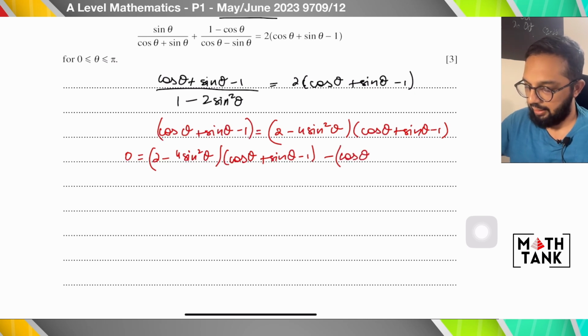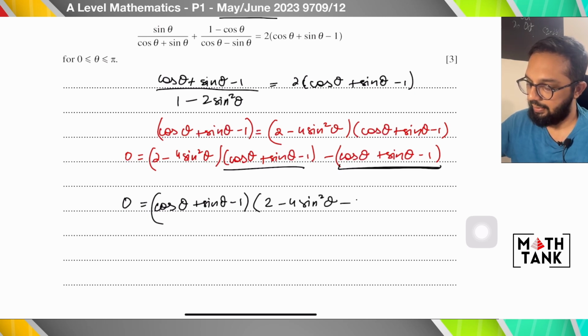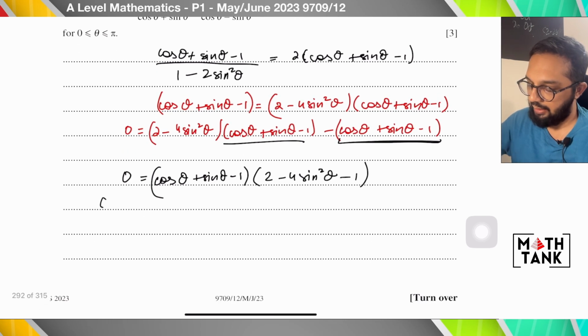I'm going to put this in a bracket and move it so that I can quickly take out a common. So you see this bracket is common in both, so I can do that. I can say that 2 minus 4 sine square theta. Okay, let's take a common: cos theta plus sine theta minus 1. So I'm left with the first bracket, and if this entire thing goes, I'm just left with minus 1. So either this equals 0 or that equals 0. That's 1 minus 4 sine square theta.